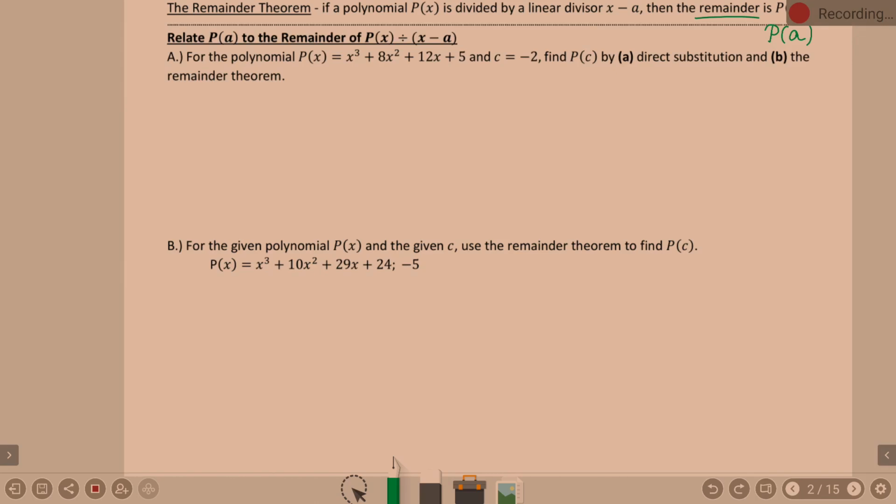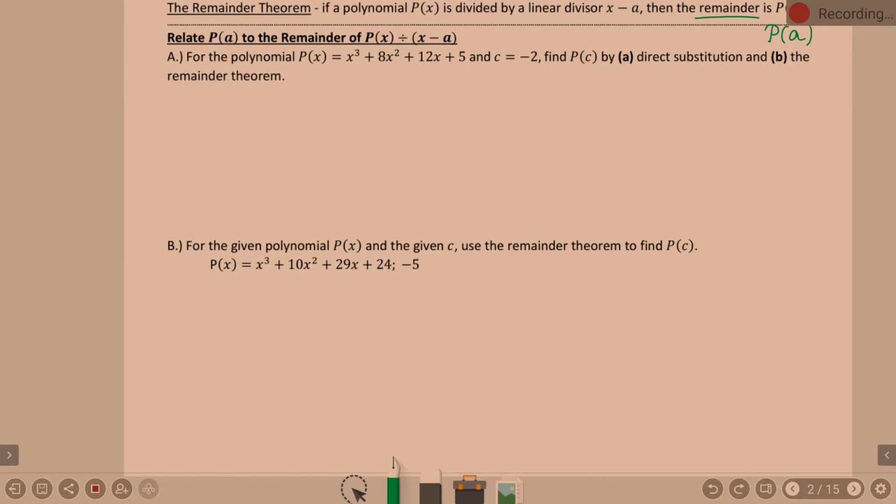If you have a function divided by a linear divisor, x minus a, the remainder is p of a. We can find p of a by just plugging the number into the equation, and that will find your remainder. That's what the remainder theorem is saying. However, we also have synthetic division, which is pretty easy, and we can find the remainder that way.